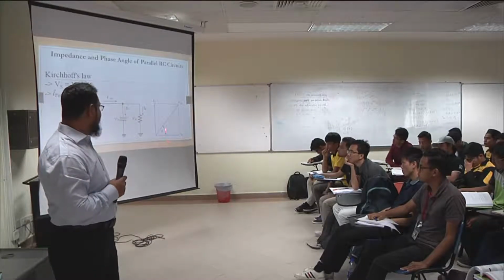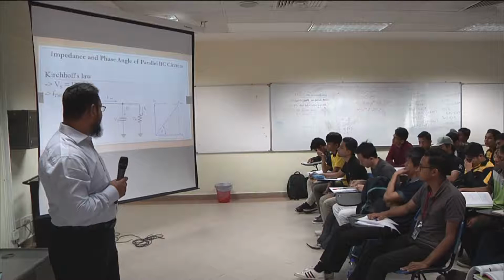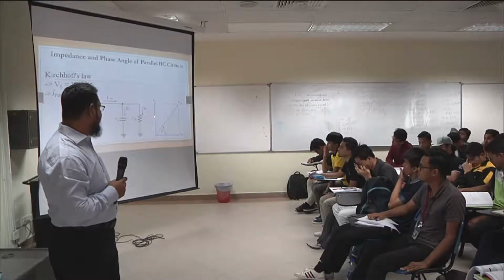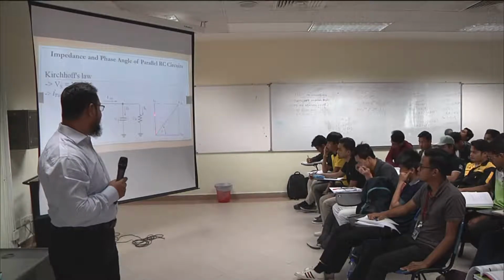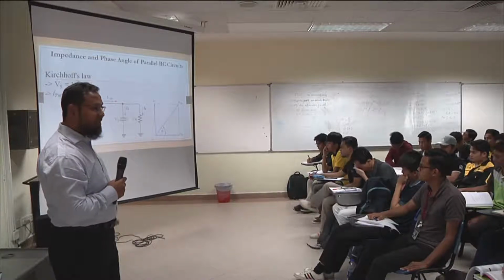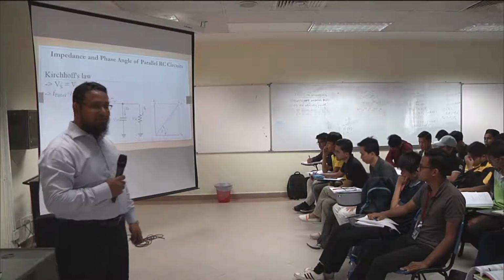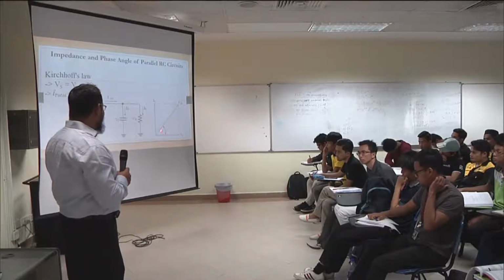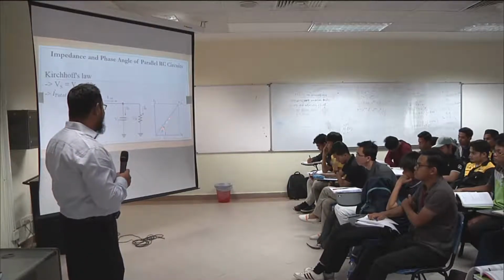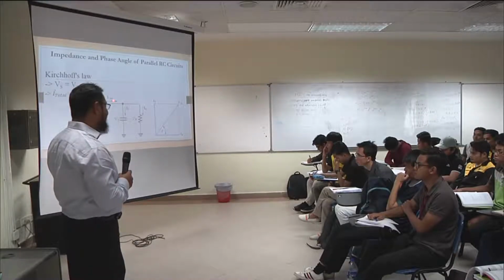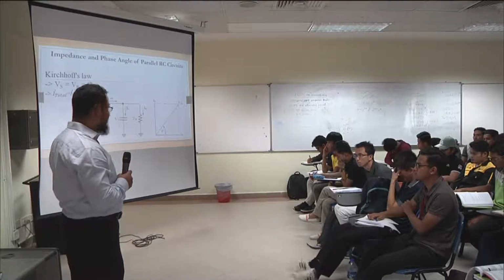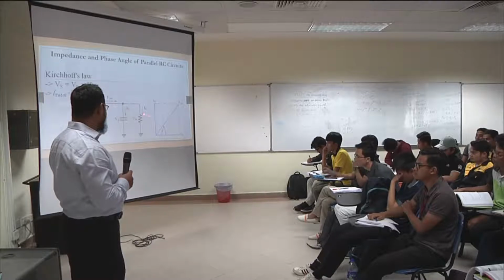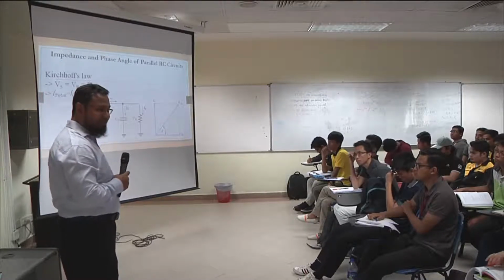So obviously the current through the capacitor is going to lead Vs by 90 degrees. It lies vertically upwards, the IC, the current through the capacitor. Okay, so this would be the resultant angle for the total current. You add these two because the total current is IC plus IR. Does that make sense? Is that okay?